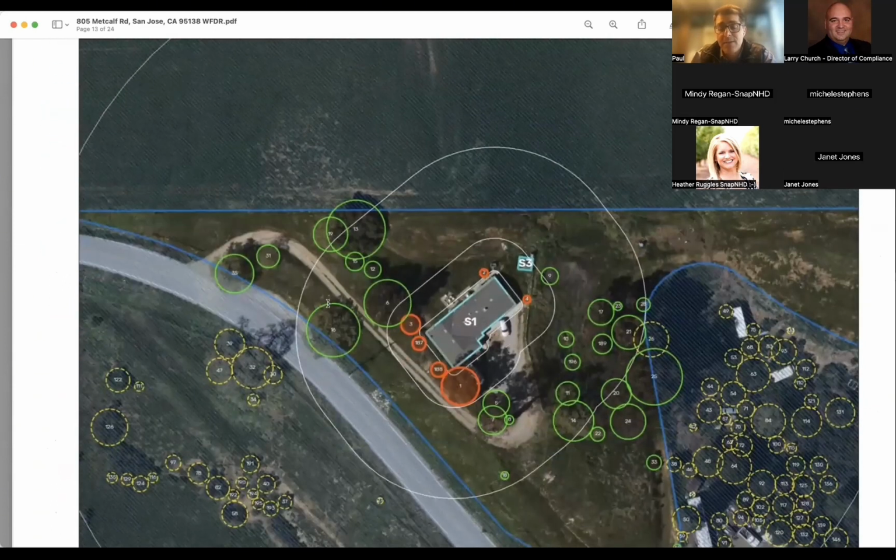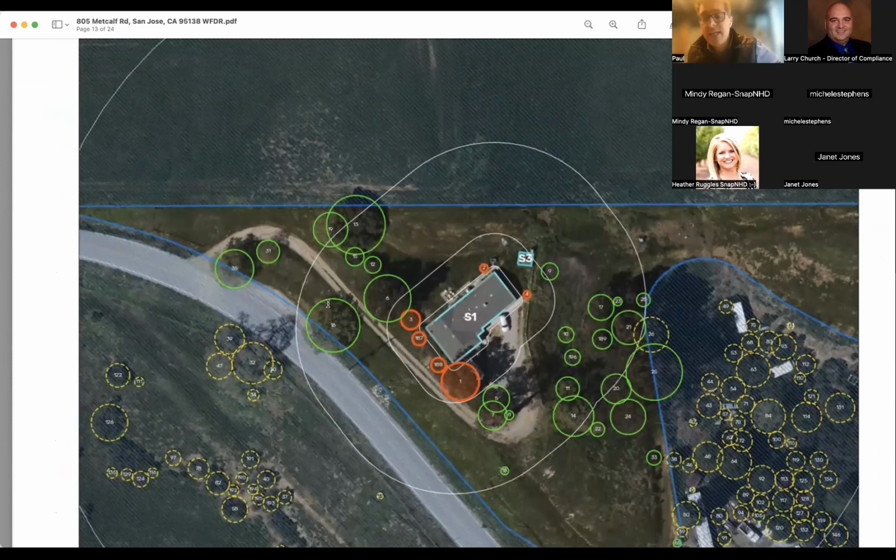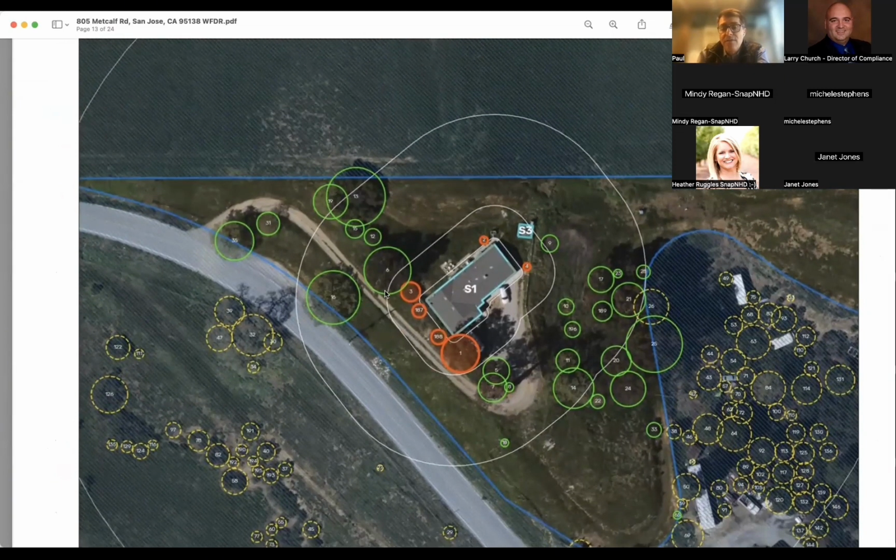Now, the mechanism here, we're looking at the same set of data, but the mechanism here is our vulnerability scoring model. What that model does is it looks at all the fuels, all the trees, including the other structures surrounding the main structure in question, and it calculates the heat output from all of those fuel sources igniting at once.